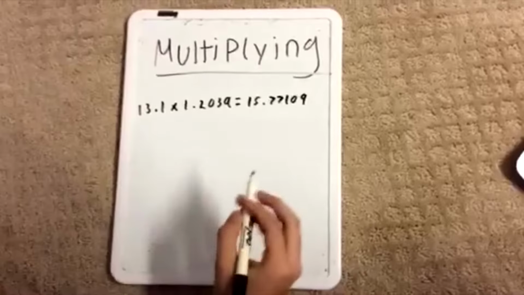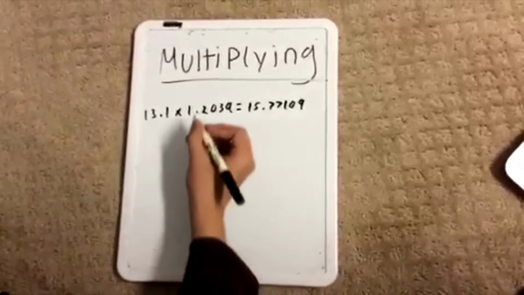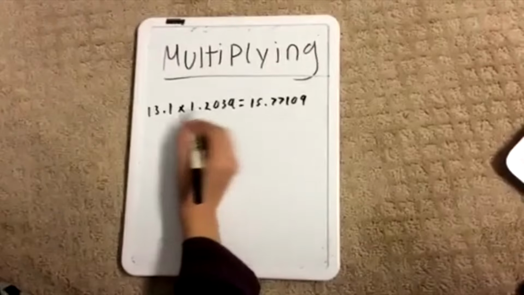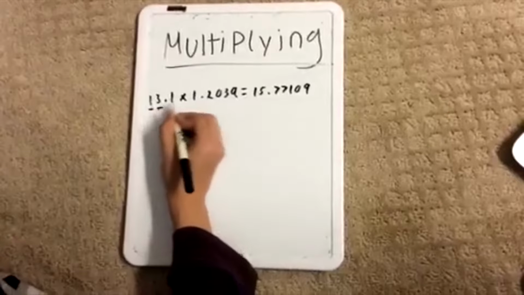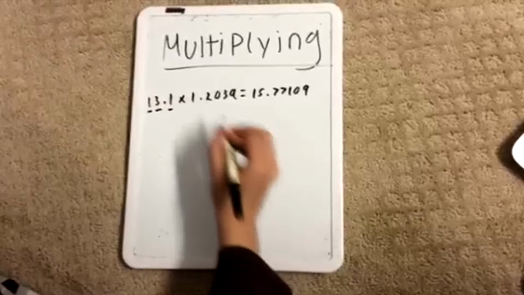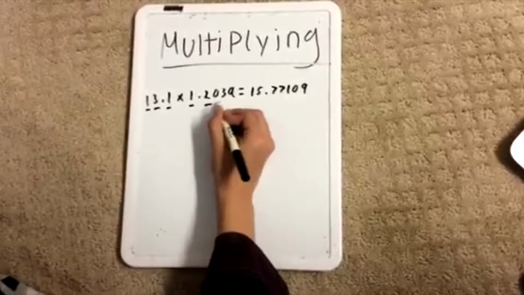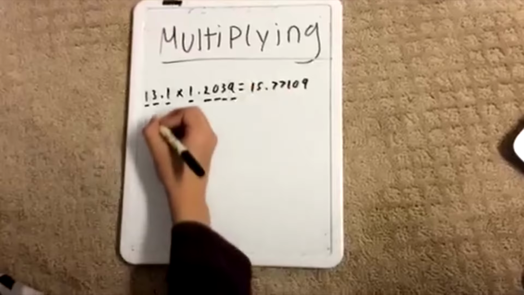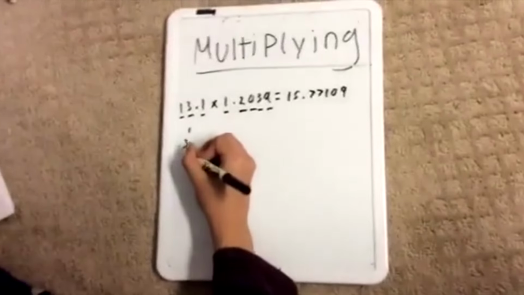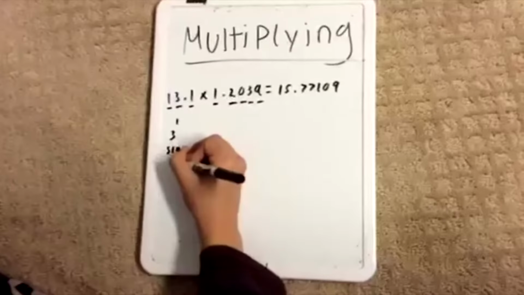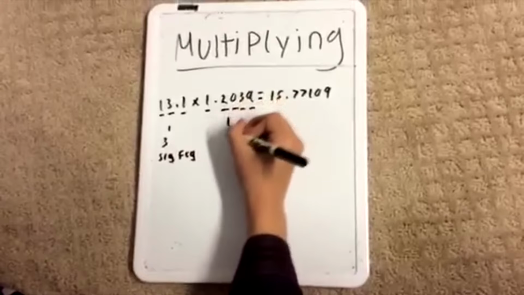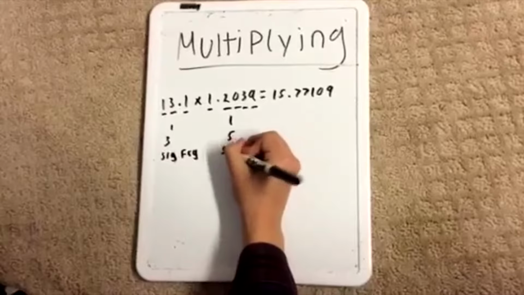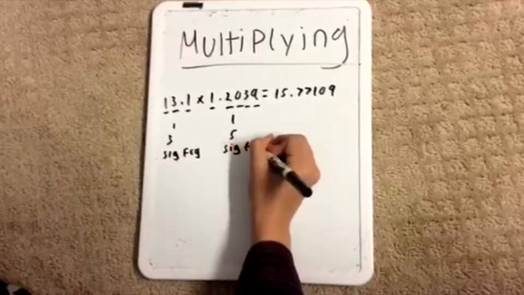And just like dividing, you would count how many significant figures are there in these two numbers. So here, 1, 2, 3. And here you have 1, 2, 3, 4, 5. 3 sig fig. 5 sig fig.